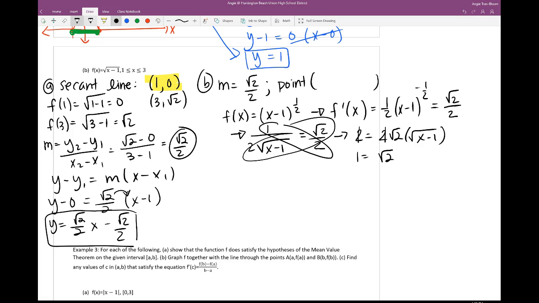Technically, I can put these together, but you don't have to if you don't feel like it. Okay, now I remember I'm still solving for x, so I'm going to divide both sides by rad 2. So now I have 1 over rad 2 equals radical x minus 1. What we're going to do from here is square both sides.